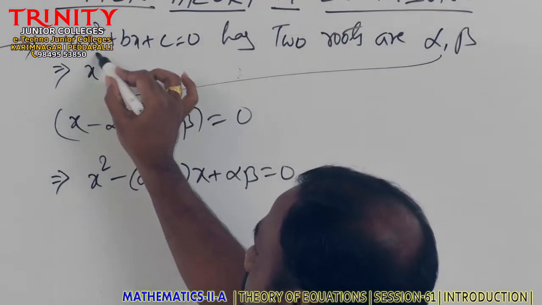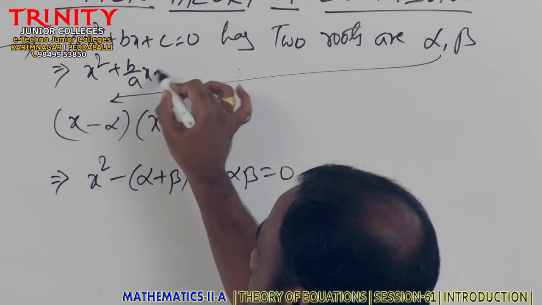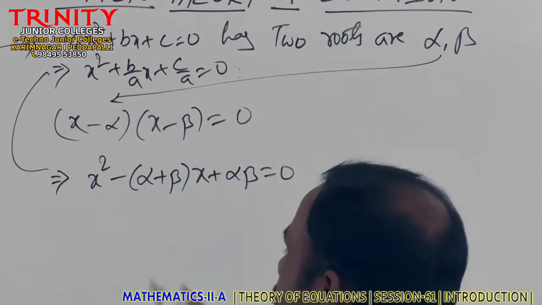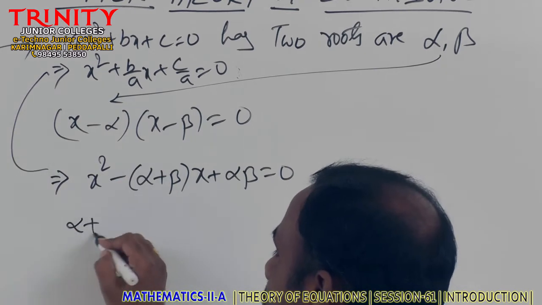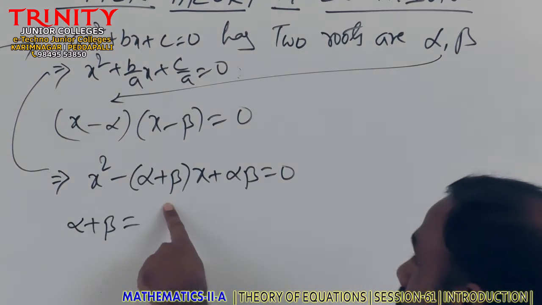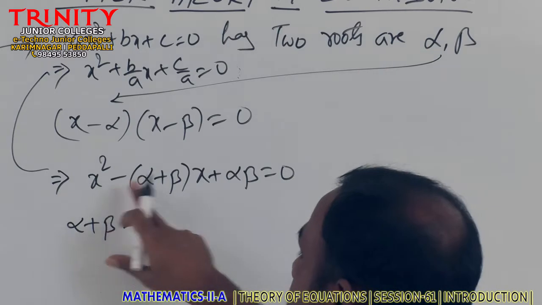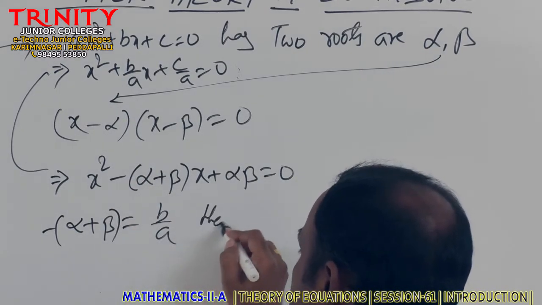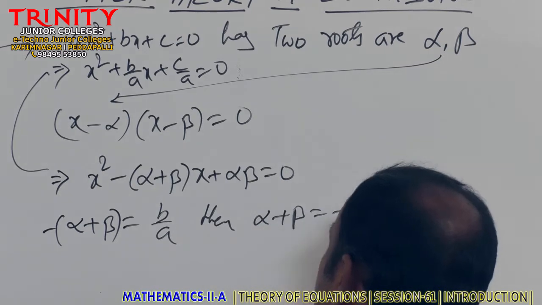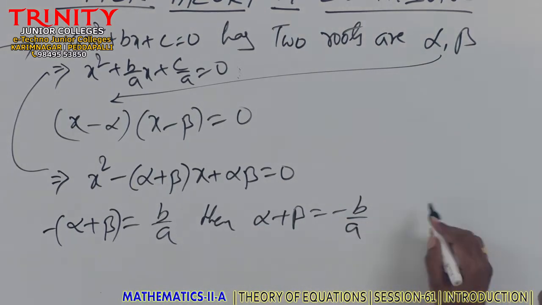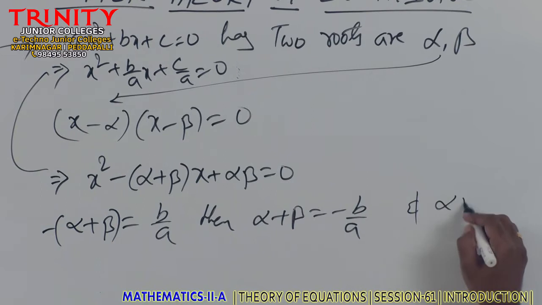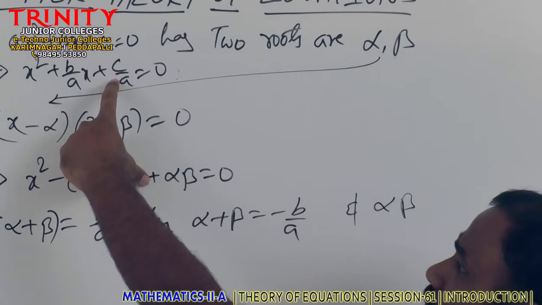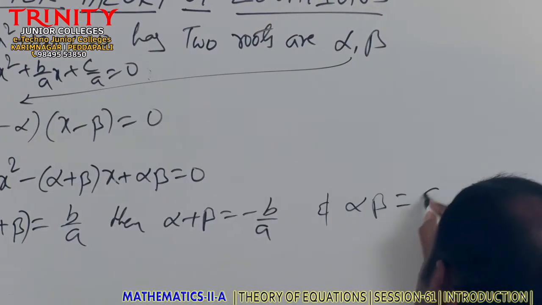Take a as common, then it becomes x square plus b by a into x plus c by a is equal to 0. Then comparing these two equations, minus of alpha plus beta is equal to b by a. Then we get alpha plus beta is equal to minus b by a, and the product of the roots alpha beta is equal to c by a.